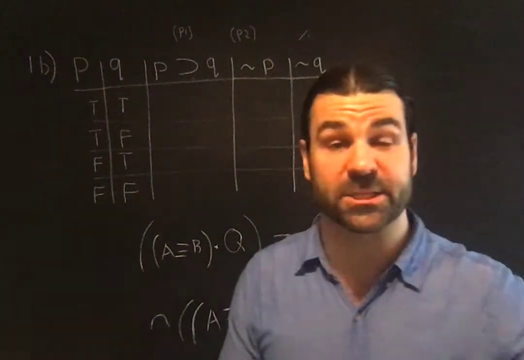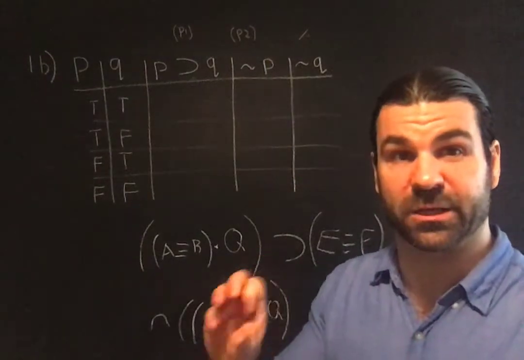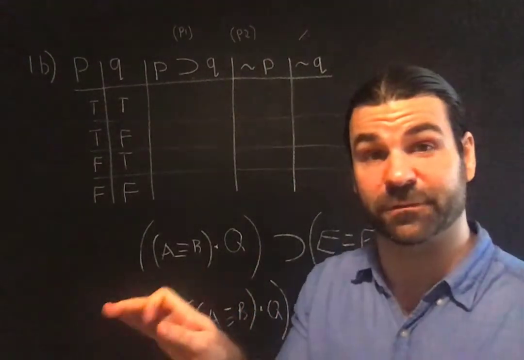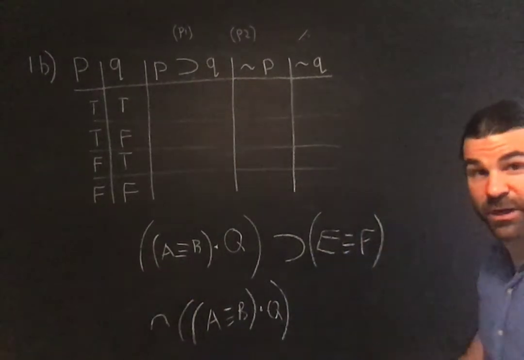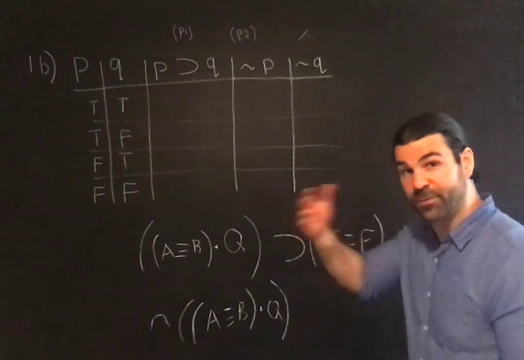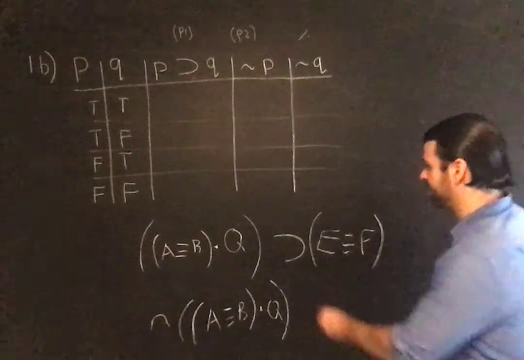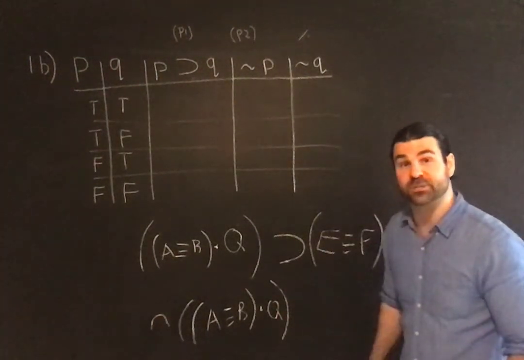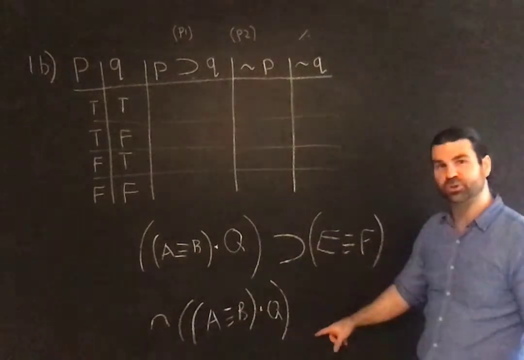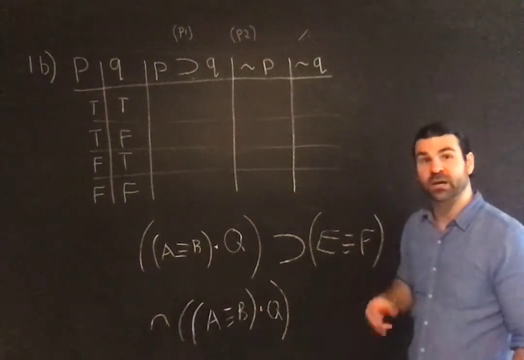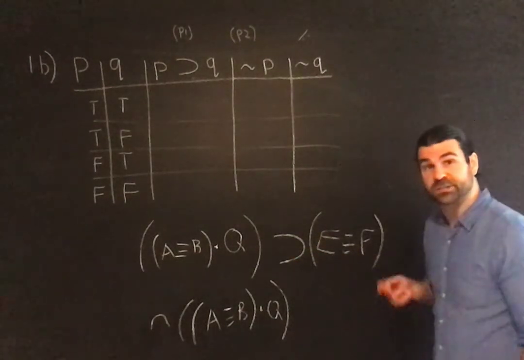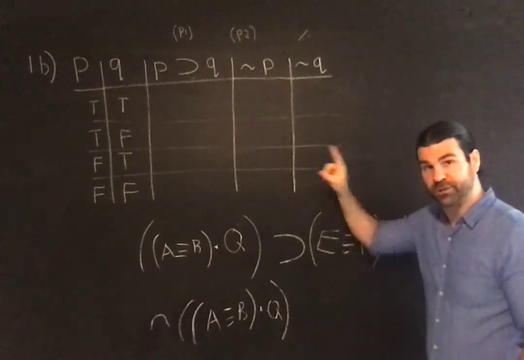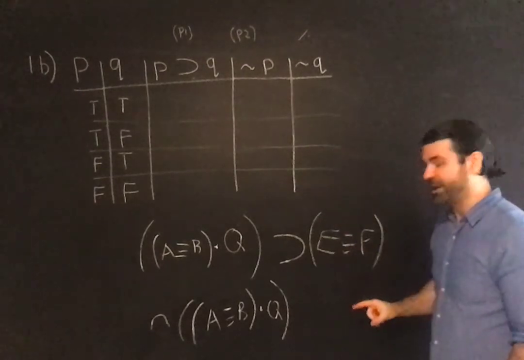If you hear it the way I said it there, given any conditional and given the negation of the antecedent, am I entitled to infer the negation of the consequent? You hear it like that, you should then be on the way to seeing in something like this, oh look, this is a substitution instance. These two formulas are substitution instances of the two premises of this argument form, right?